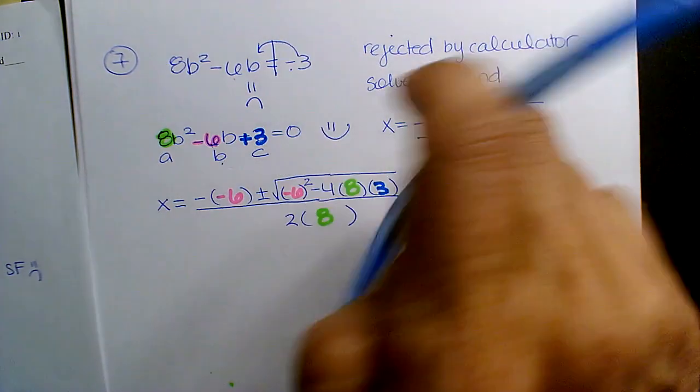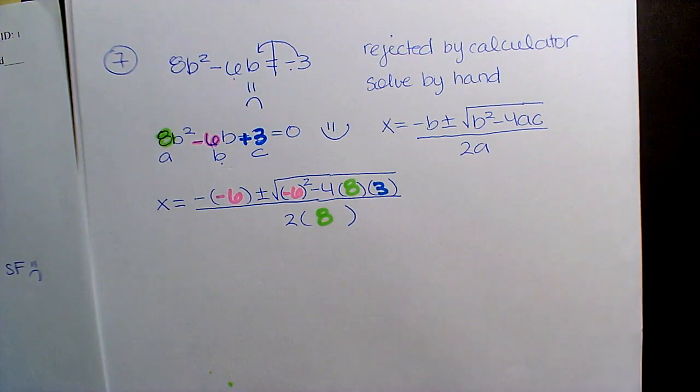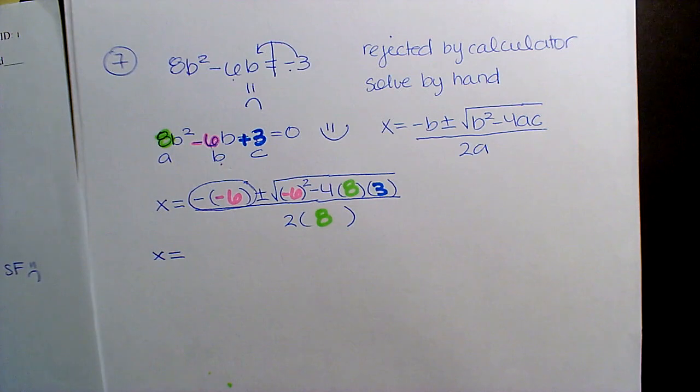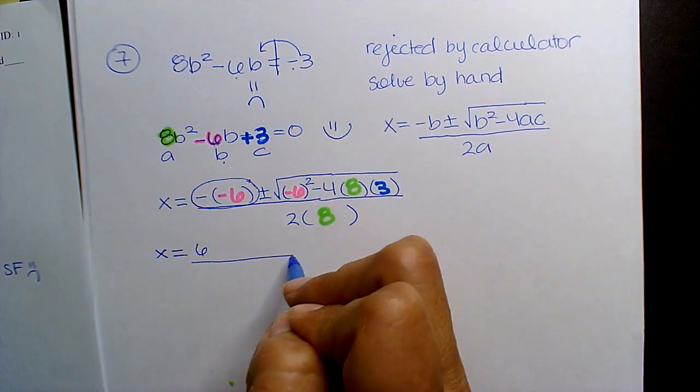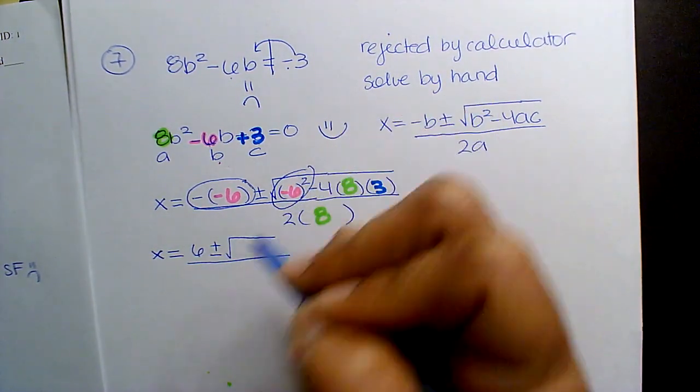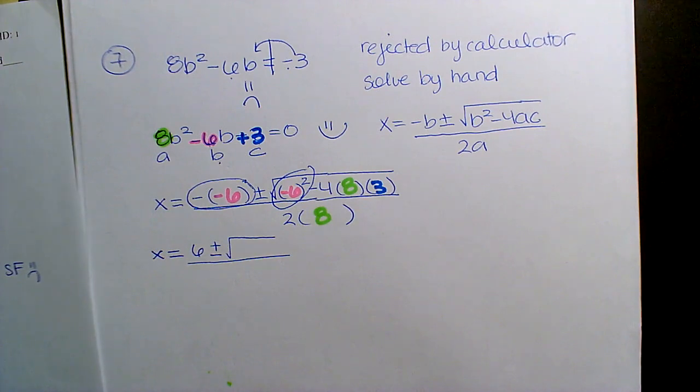Okay, and you'll see the negative in like 2 steps. Okay, so here we go. If we're going to solve it by hand, what is -6? +6, plus or minus square root. What is -6 squared? 36.